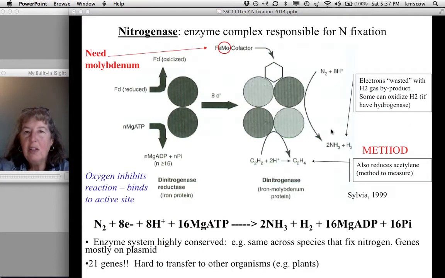Okay, so if we look at the enzyme complex responsible for N fixation, it's made up of these different components.